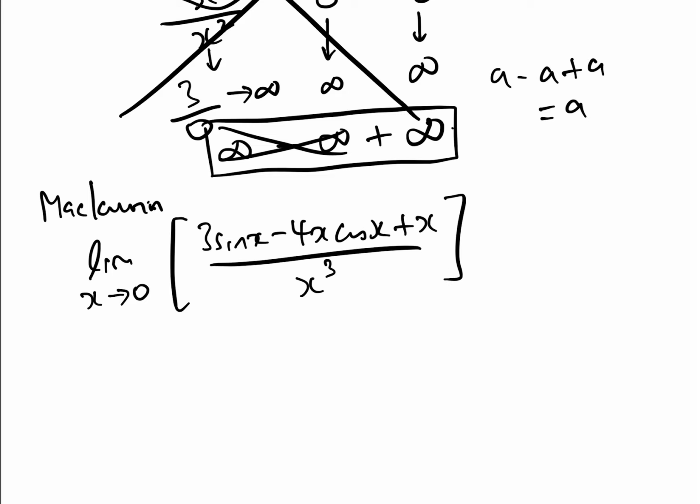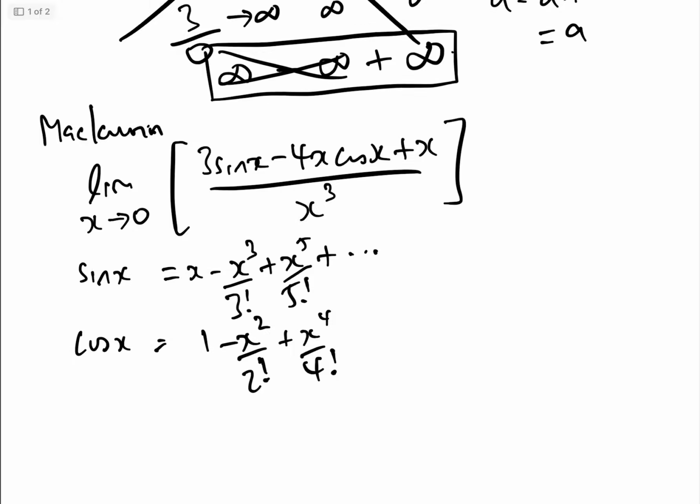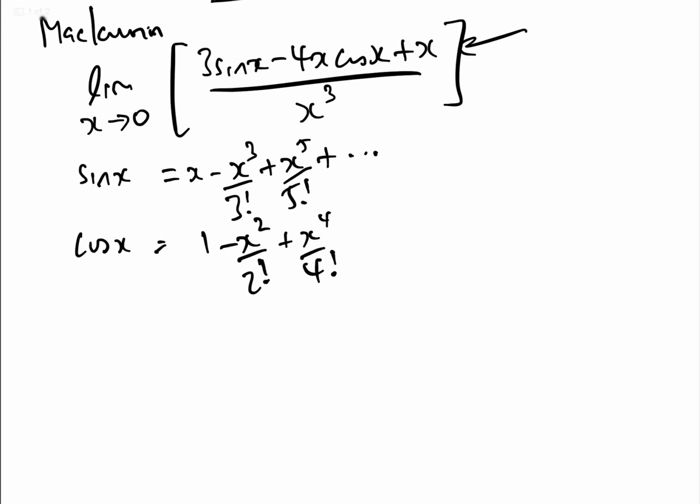We're going to use the sine x Maclaurin expansion of x minus x cubed over 3 factorial add x to the 5 over 5 factorial, and cos x, which equals 1 minus x squared over 2 factorial add x to the 4 over 4 factorial.